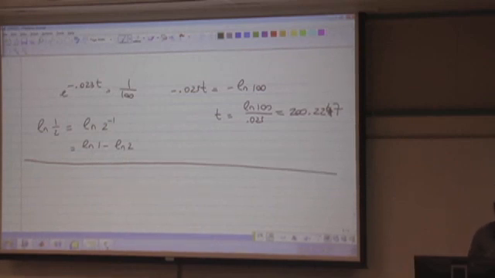Can you tell me it's 200 years and how many months? Would you know how to figure out how many months? 0.2247 times 12. Is everybody understanding this?